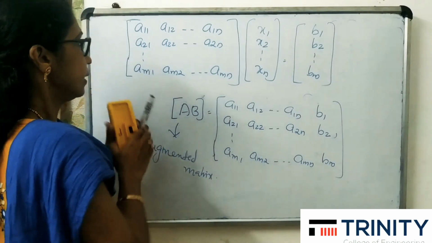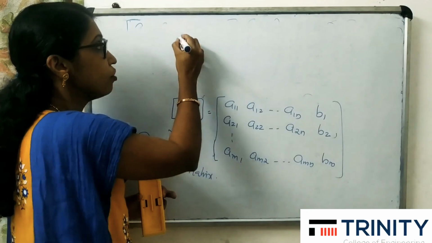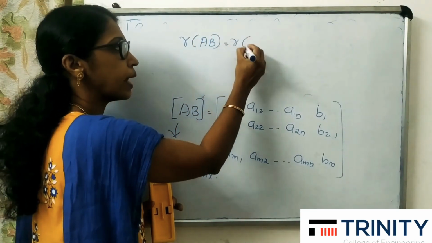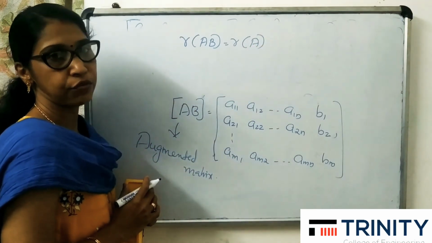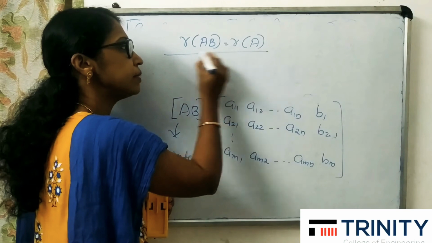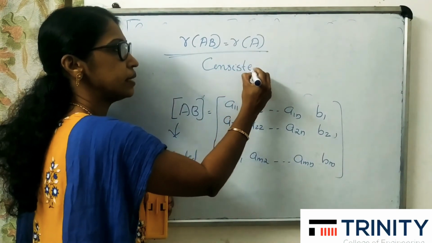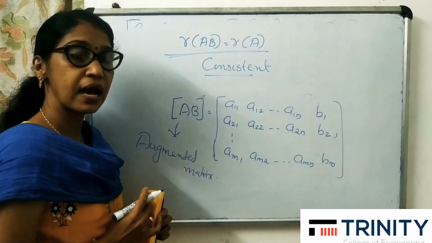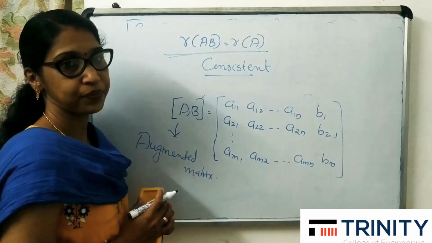If the rank of AB is equal to the rank of A, then the system is said to be consistent. Consistent means the system will surely have a solution.